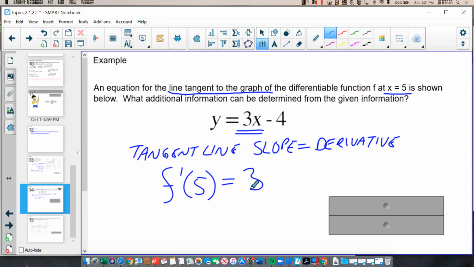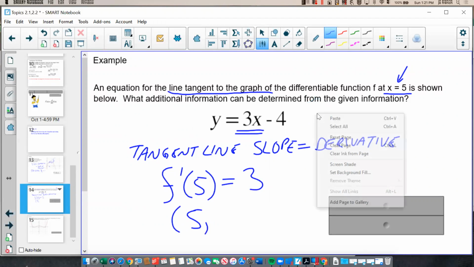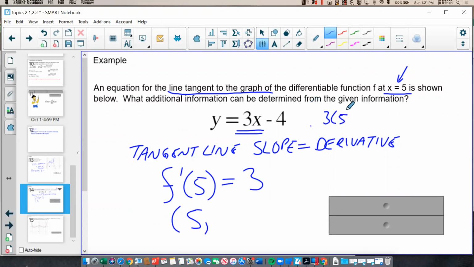Now, where is this tangent line slope occurring? It's occurring at the value where x equals 5. So we know that the point of tangency has a value of x equals 5, and if we plug 5 into the tangent line equation, we get 3 times 5 minus 4, 15 minus 4 is 11.